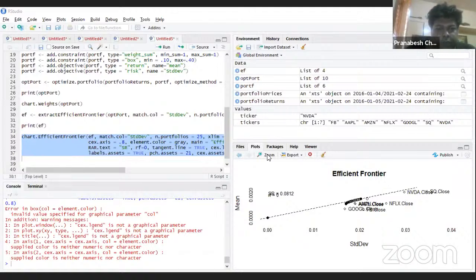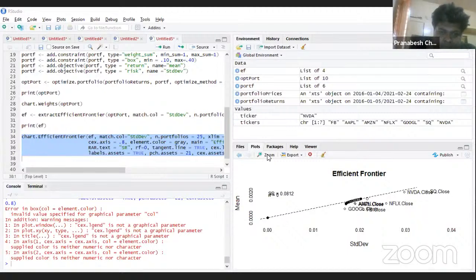No. The most optimized return is a tangent to this curve, and based on your risk-taking ability, you will have to decide what your most optimum point is, which will be mostly around this value.